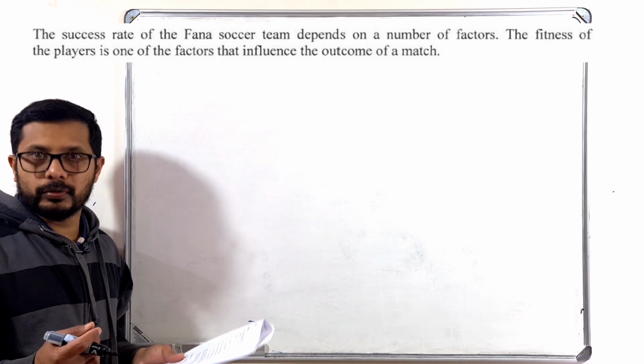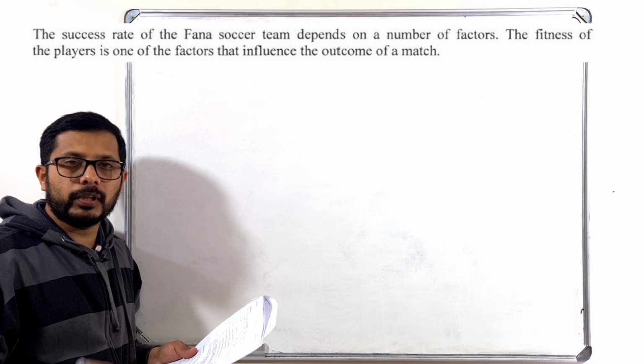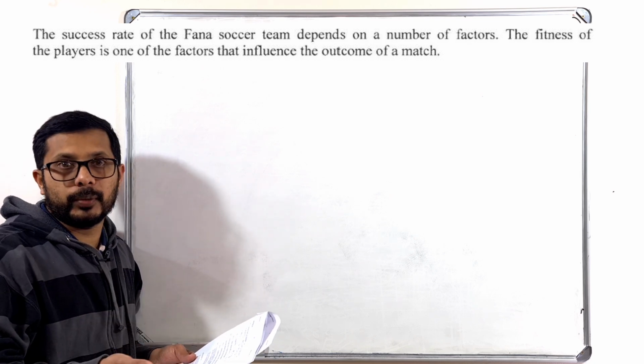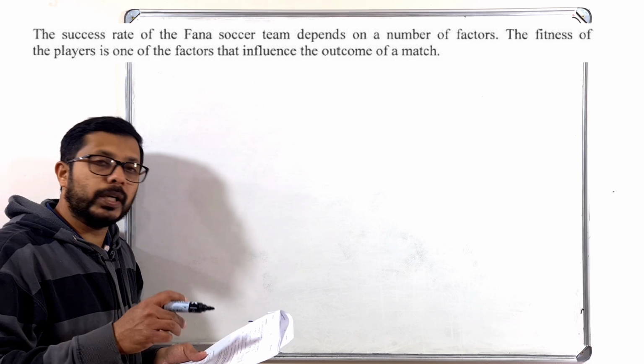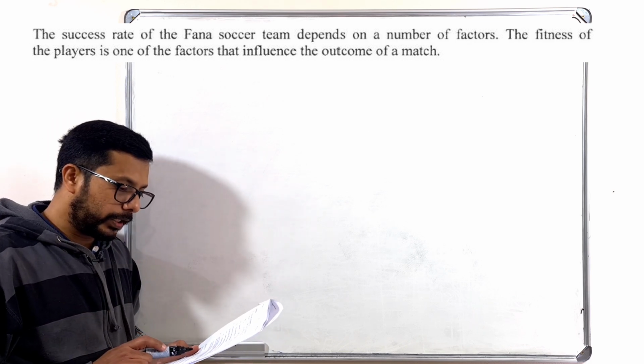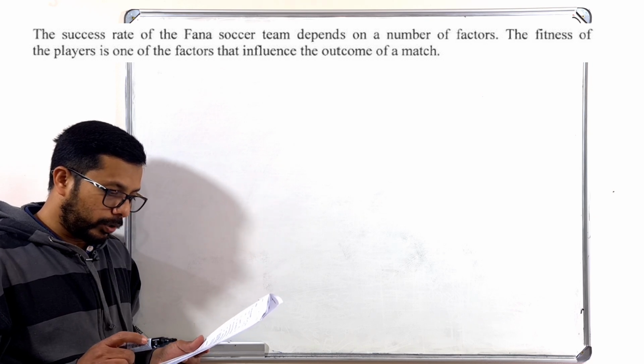That is true. If the player is not fit, then it will affect the result of the match. Maybe in that match they will fail. So the fitness of the player is one of the factors that influence the outcome of a match.